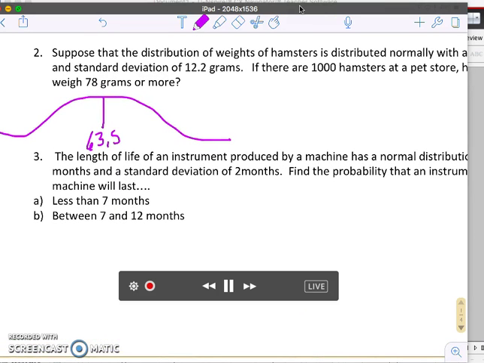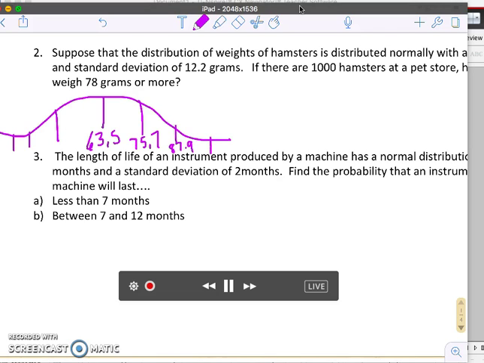So if we add 12.2, 1, 2, 3, 1, 2, 3. So 12.2 would be 75.7. So we add 12.2 again, so that's 87.9.